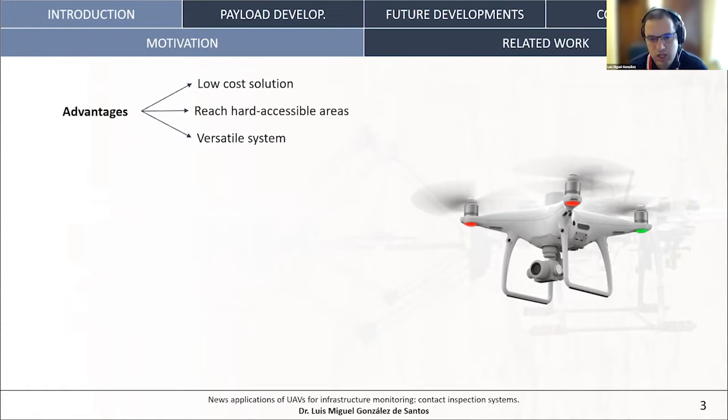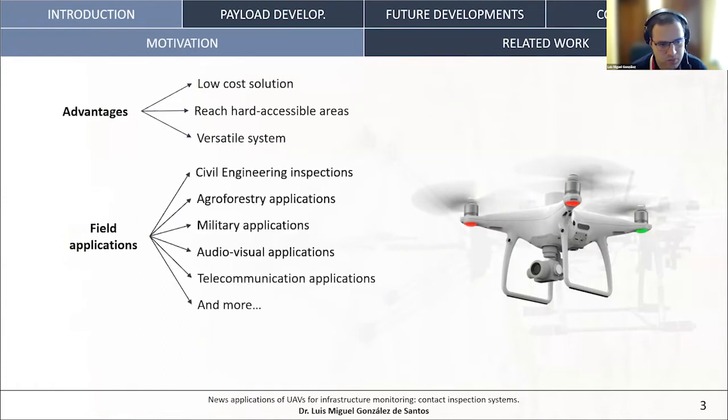These vehicles are already used in many different fields, such as civil engineering inspections, agroforestry applications, military applications, among others. And even with all these advantages, the main drawback of the UAVs is the actual battery capacity that limits its operations.